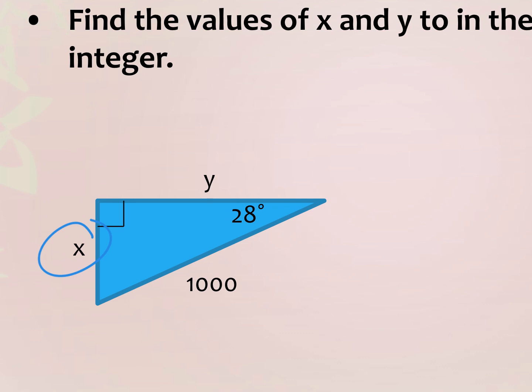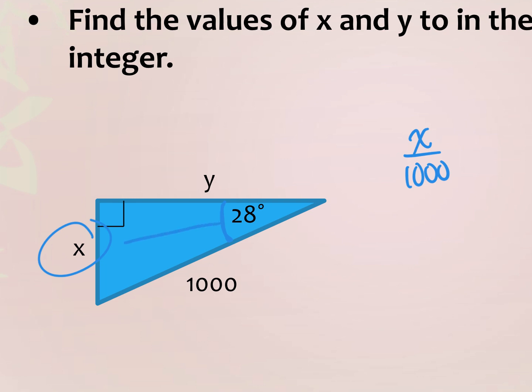Nick? I couldn't hear you. X over 1,000, okay? So x over 1,000. What ratio is that? Let's look at 28 degrees, right?